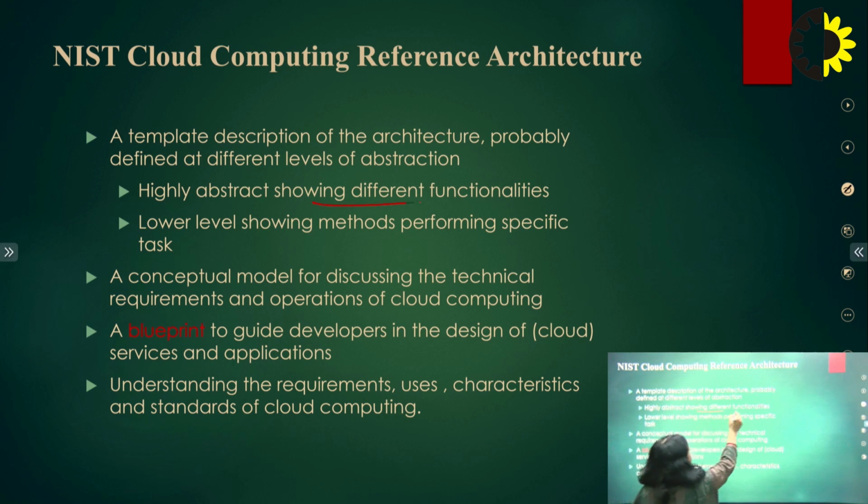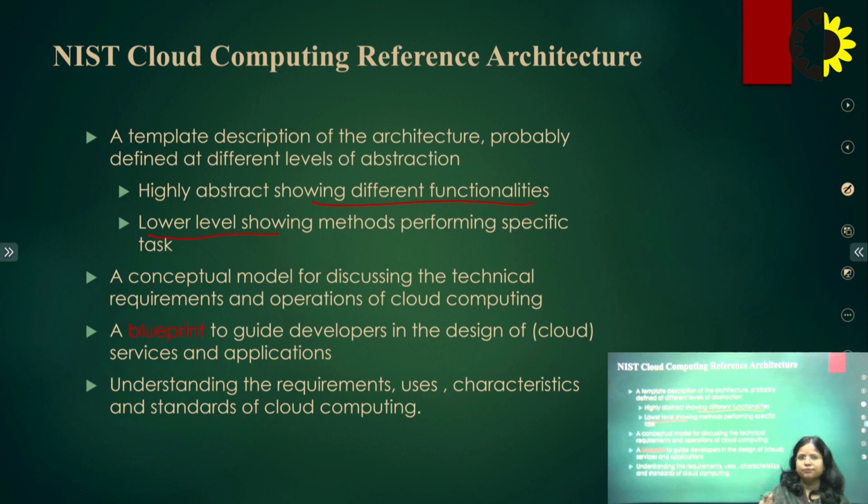So the high level abstraction provides the different functionality at the high level, and the low level abstraction provides the different methods. The methods which are provided by the application are defined or shown at the lower level.